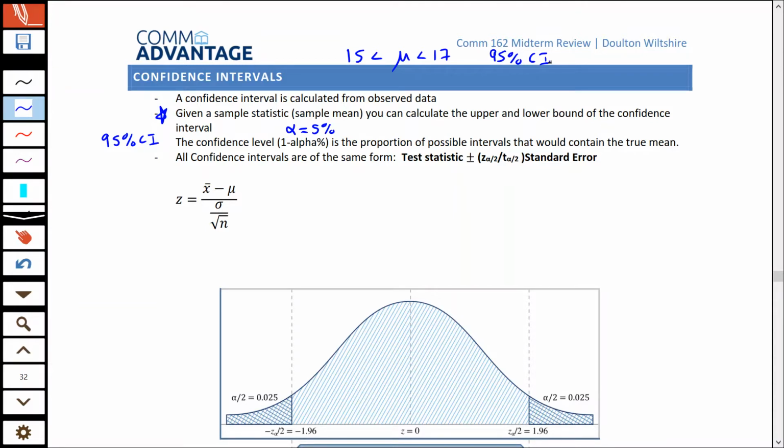There are lots of different confidence intervals, but they all come in the same form. It is the test statistic plus or minus either the z or the t-value times the standard error.